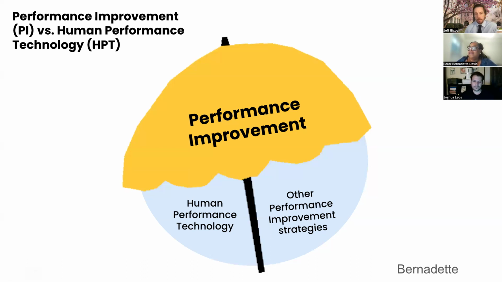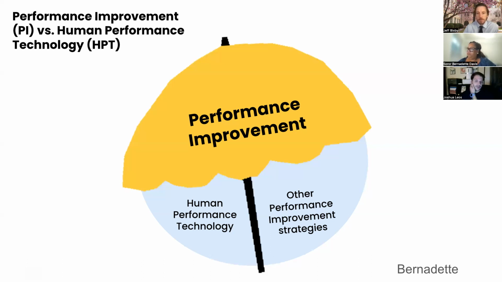And HPT is a specific systematic approach to improving productivity and competence. It involves comprehensive analysis of the gap between desired performance and actual performance. So it's really more about identifying what that gap is. This is where personnel are now. This is where we would like them to be. And that gap is what HPT is most suited for, identifying and then trying its best to bridge and close that gap in the learner.